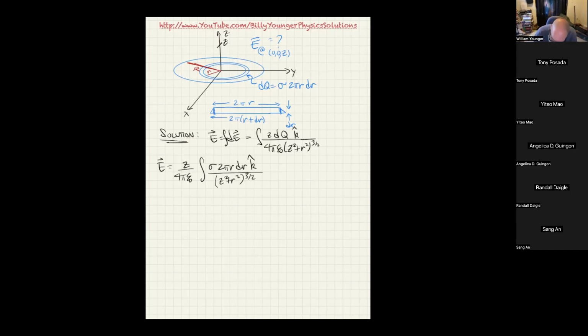I'm going to say let u equal z squared plus r squared, then du is equal to 2r dr, which we already have a 2 up top.